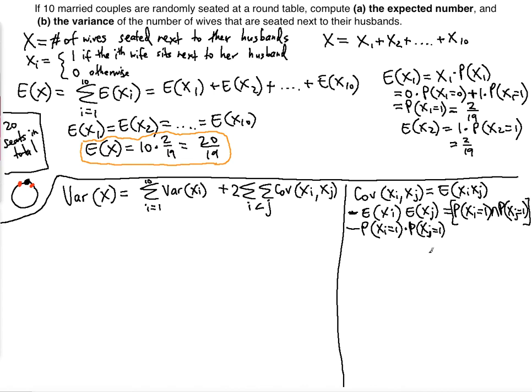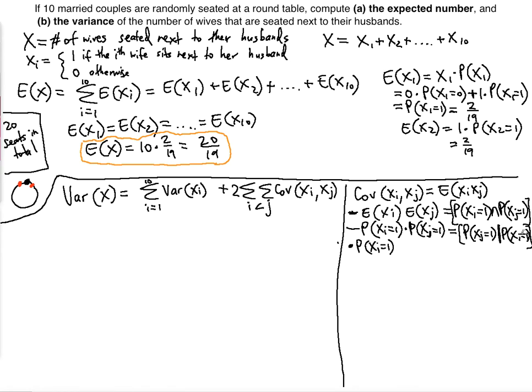Okay? So now recall from Bayes' formula that this part can be written as the probability of xj being equal to 1 given xi being equal to 1, times the probability of xi being equal to 1.